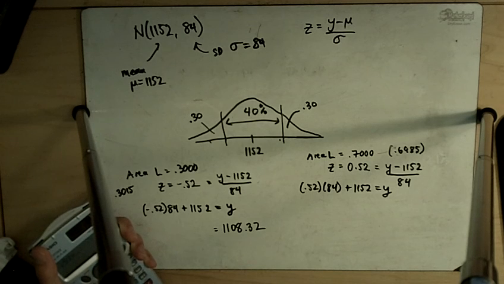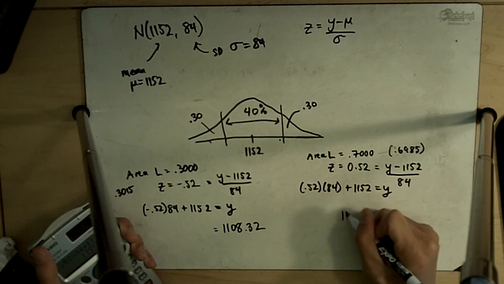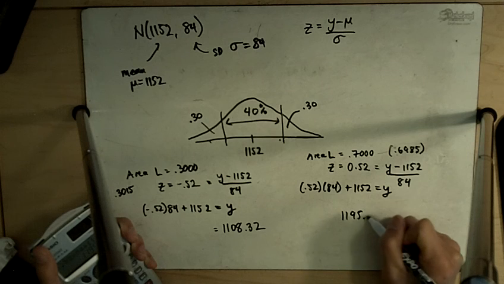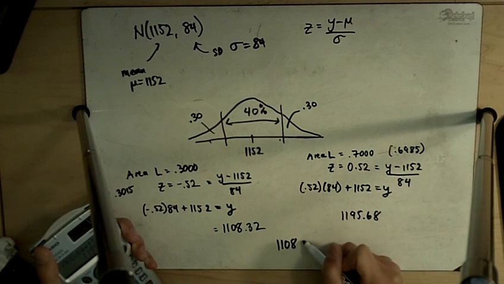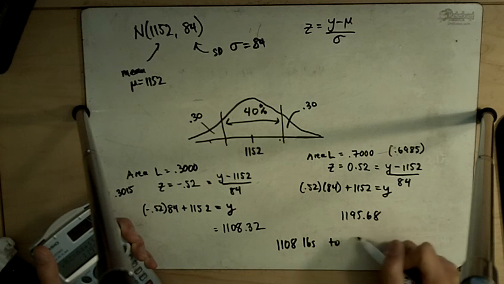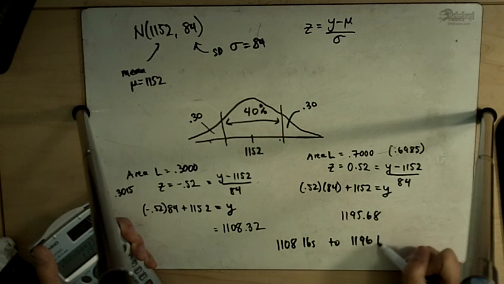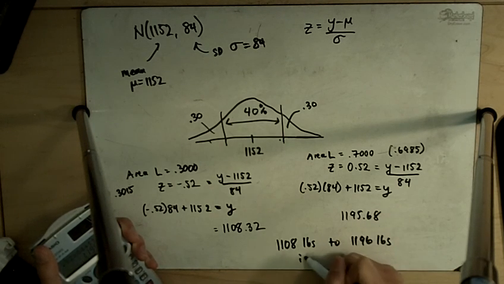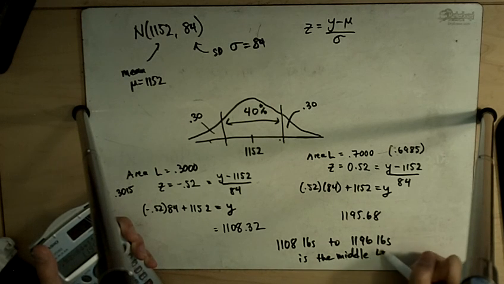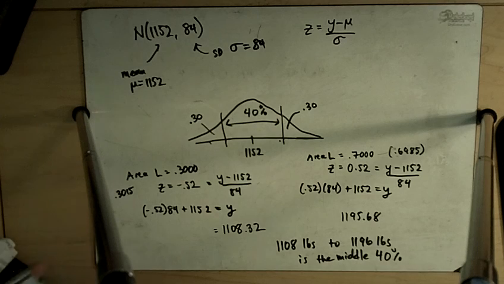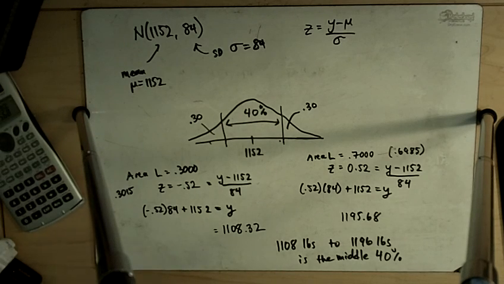So we do 0.52 times 84 plus 1152, and I get 1,195.68. So I'm just going to round to 1108 pounds to 1196 pounds as the middle 40%. And that is problem 45.